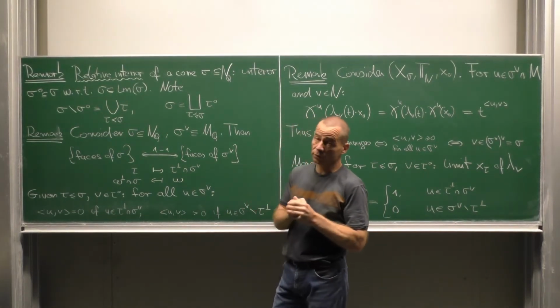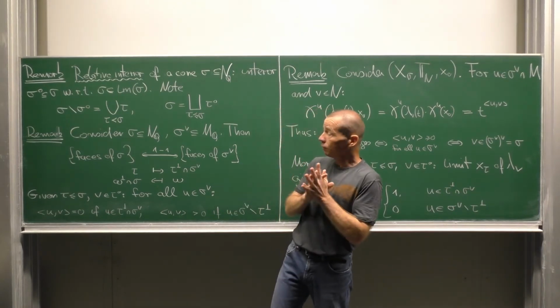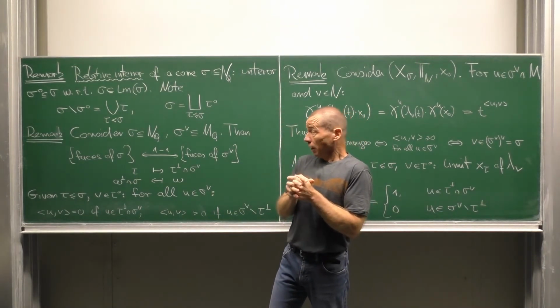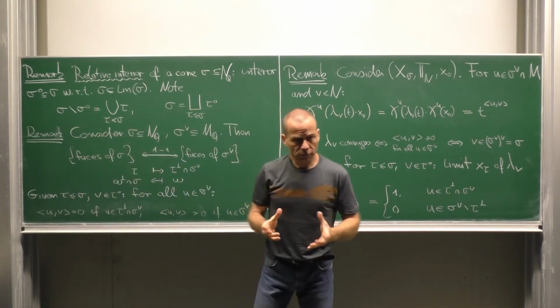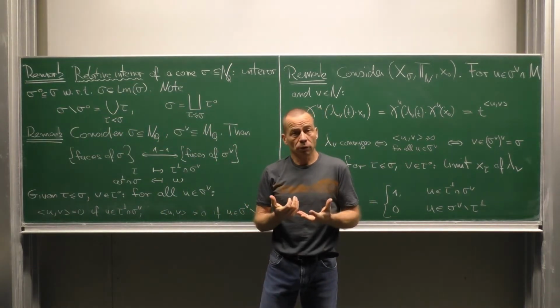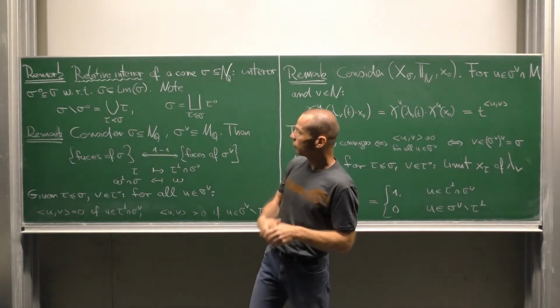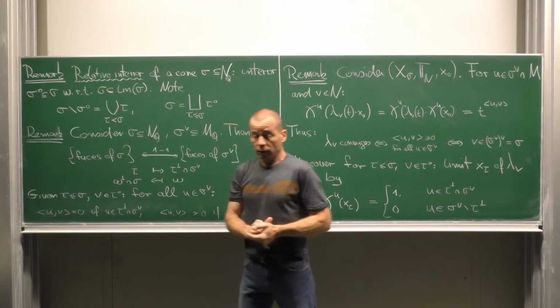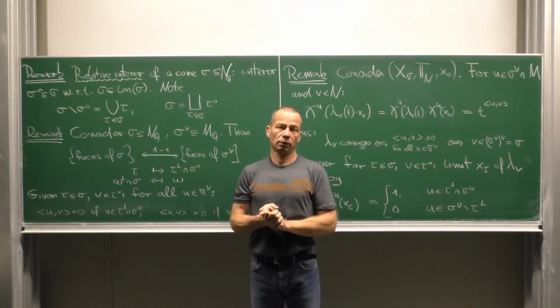There are two obvious observations on the relative interior. The first is, if I remove the relative interior from a cone, what is left is the relative boundary, and this relative boundary is the union over all the proper faces of sigma.